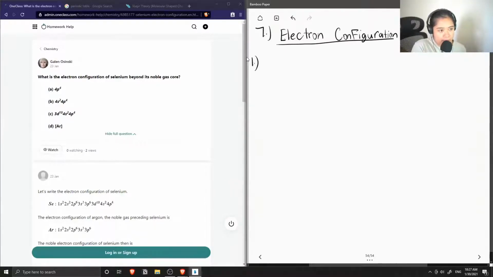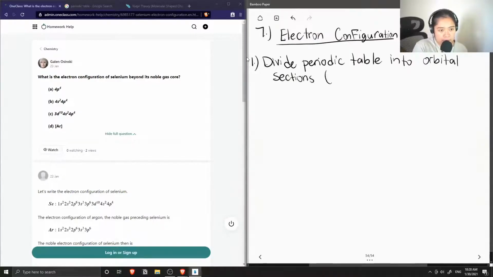The first step is to divide our periodic table into the different orbital sections, for example, S, P, D, and F.